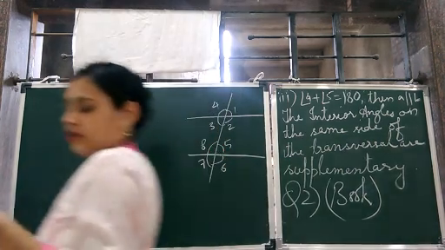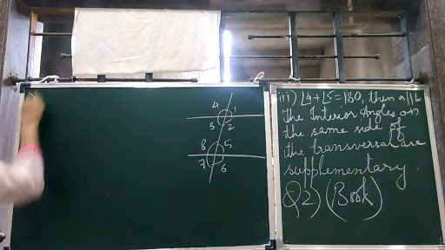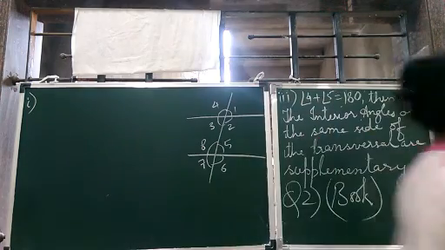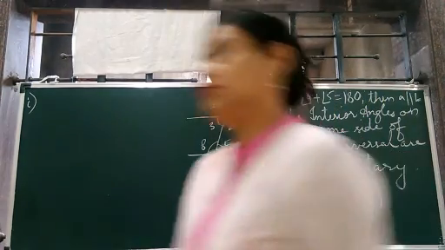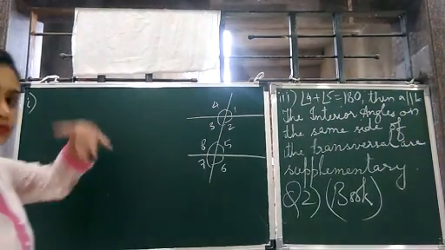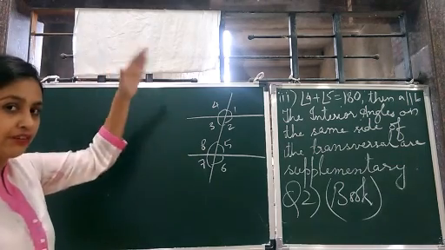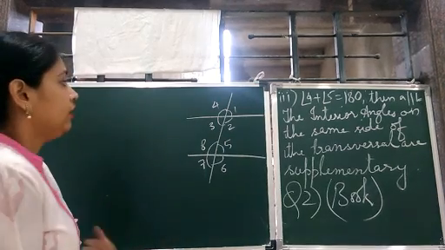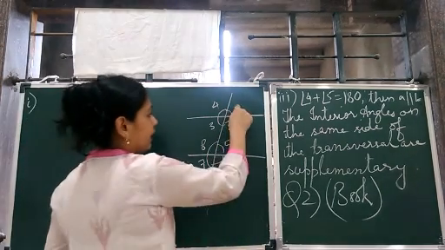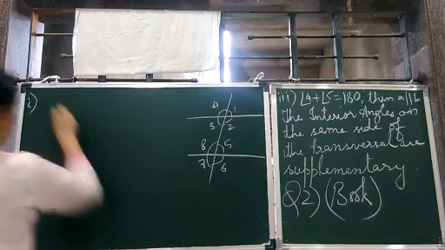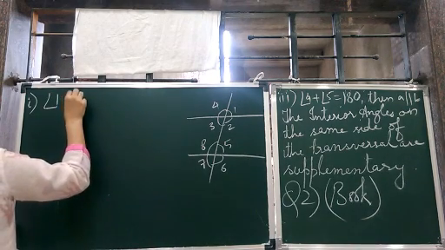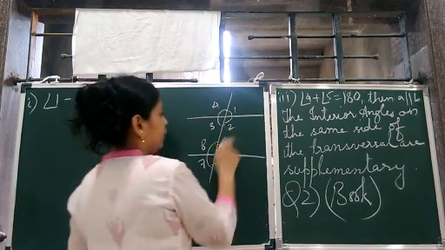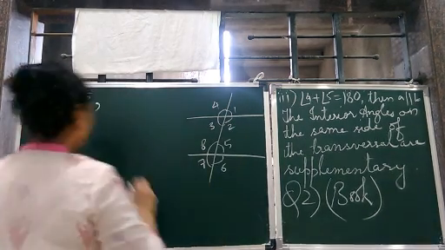Here, we have to identify the pairs of corresponding angles. Corresponding angles means which are on the same side of the transversal, and they are looking at the same side also. So the first one, you can take angle 1 and angle 5. Then 2 and 6.